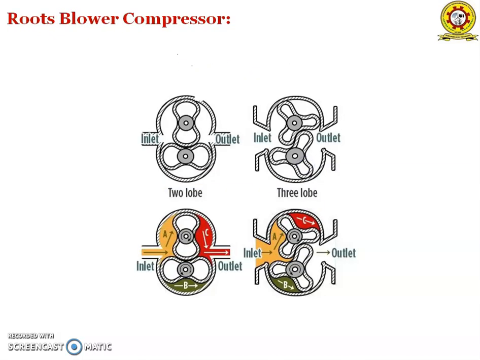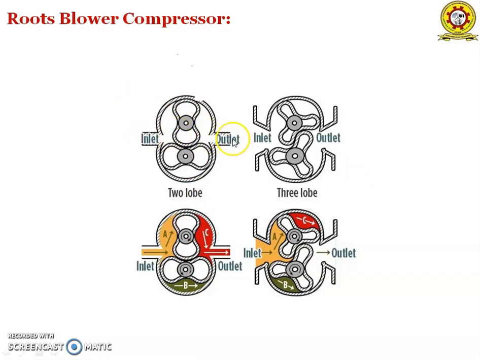In that, the first one of the positive displacement compressor classification is the Roots blower compressor. So this is the Roots blower compressor diagram. The construction: a Roots blower compressor is the simplest form, consisting of two rotors with lobes rotating in an airtight casing which has an inlet and outlet.